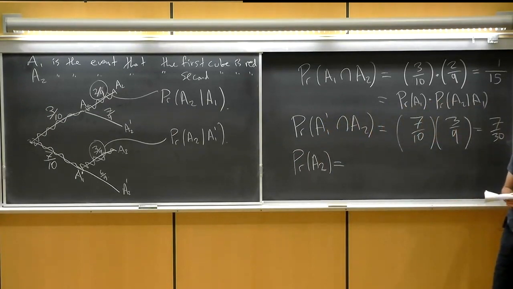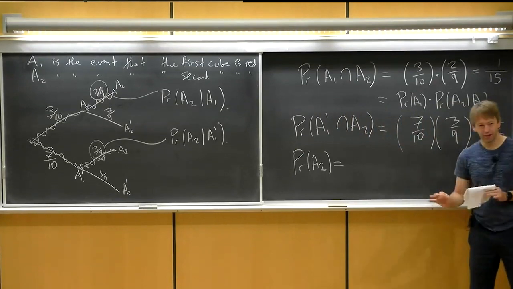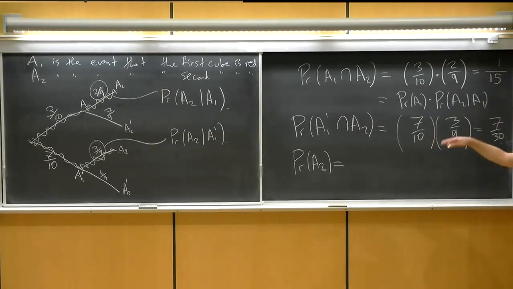So now, suppose we're trying to compute the probability of A2. Actually, without computing anything with algebra, does anyone have a feel for what's the probability the second cube is red? Like what should that be intuitively? Sorry?